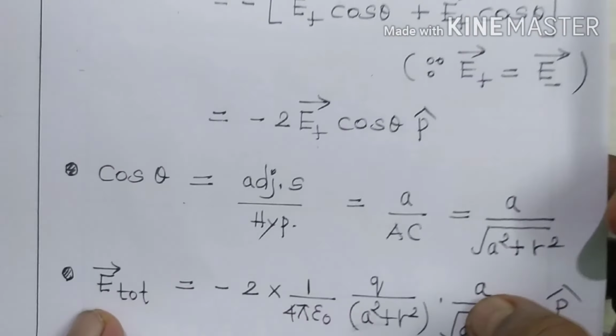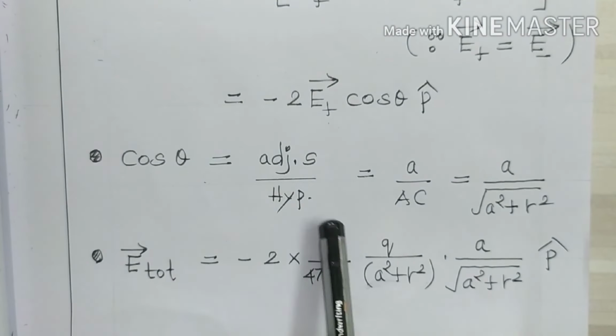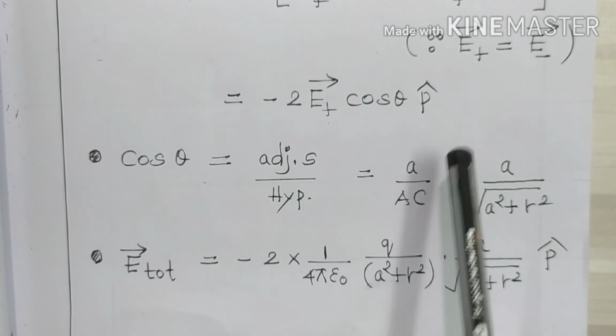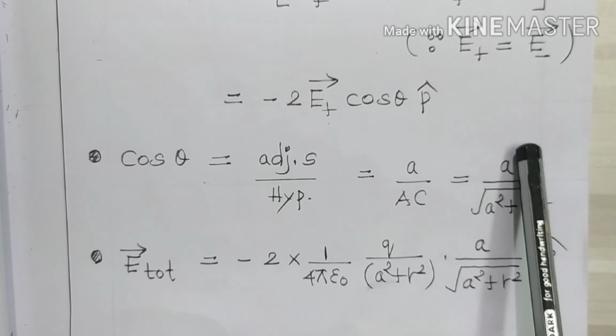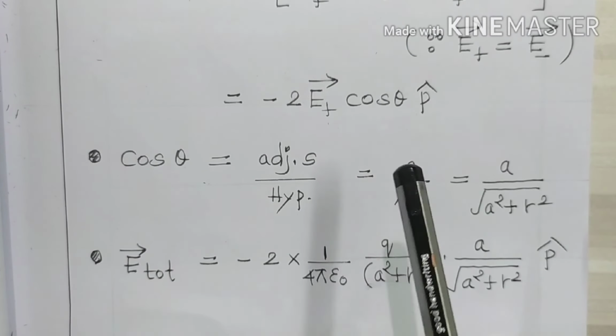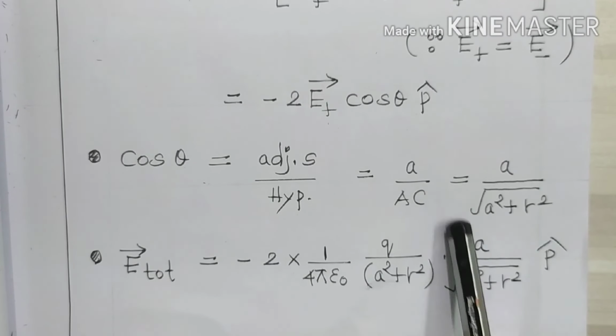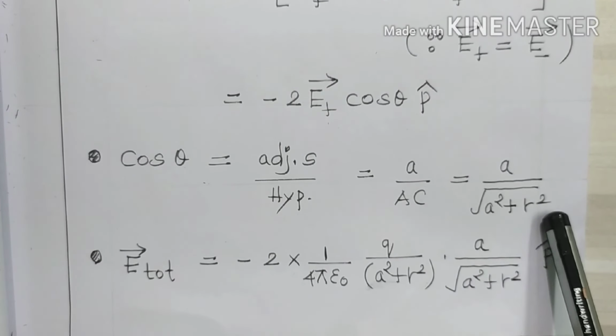Now, cos theta is equal to adjacent side by hypotenuse, that is A by AC, which is equal to A by, already we have found the equation for AC square, that is A square plus R square. Therefore, for AC, square root of A square plus R square.